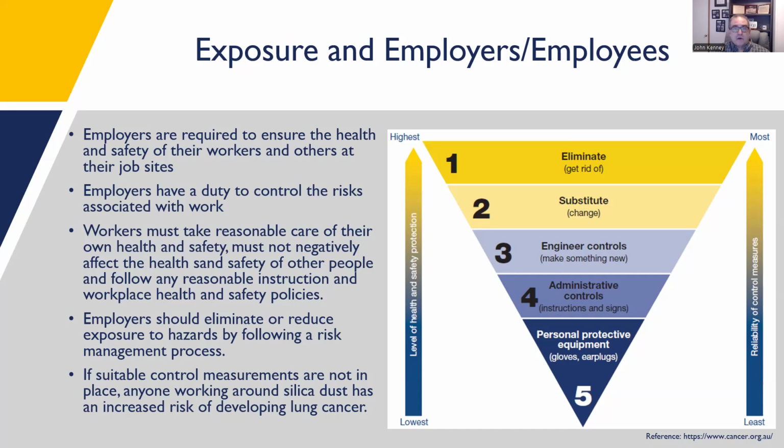Workers must take reasonable care of their own health and safety, must not negatively affect the health and safety of other people, and follow any reasonable instruction in workplace health and safety policies. Employers should eliminate or reduce exposure to these hazards by following a risk management process. If suitable control measures are not in place, anyone working around silica dust has an increased risk of developing lung cancer.